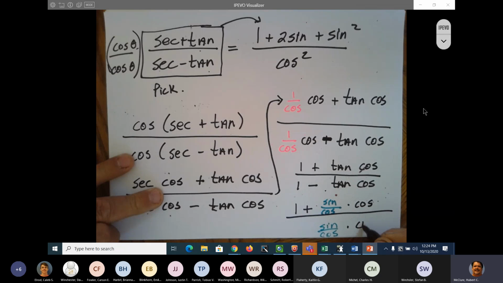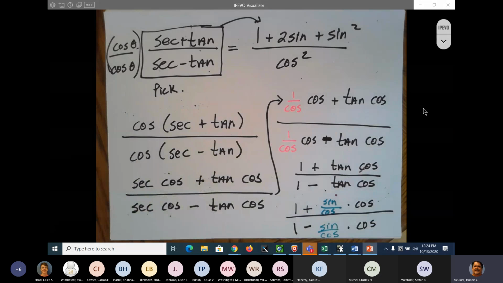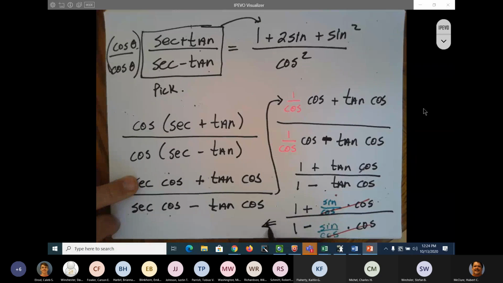And what happens to the cosines? So you have 1 plus the sine on top and 1 minus the sine on the bottom.